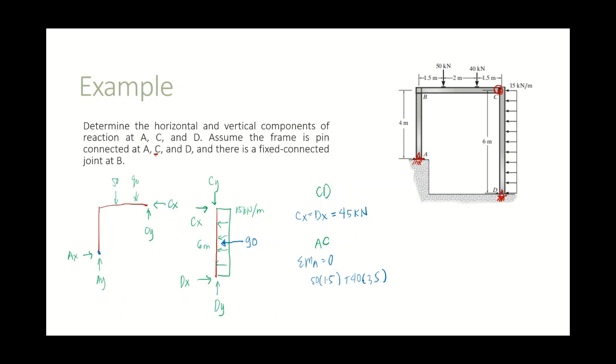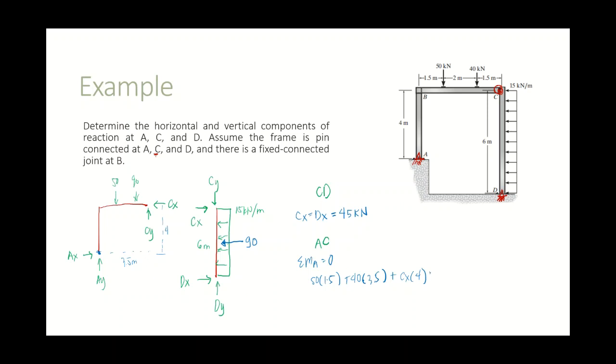Tapos, ang CX natin, anong distance ang CX sa A? That is, ito yung distance niya, no? 4 meters. So, plus CX times 4. Yung CY naman, ang distance niya sa is, ilan yan? 1.5 plus 2, so 3.5 meters naman yung distance.